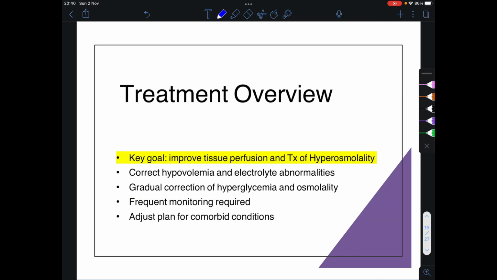Again, the main goal of treatment is to improve tissue perfusion and treat the hyperosmolality. So the main treatment is fluids. You want to correct the hypovolemia and the electrolyte abnormalities. Now it's important to note that correcting the electrolyte abnormalities may take 2 to 3 days.